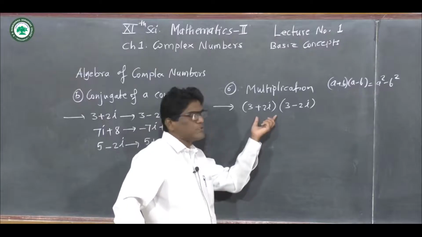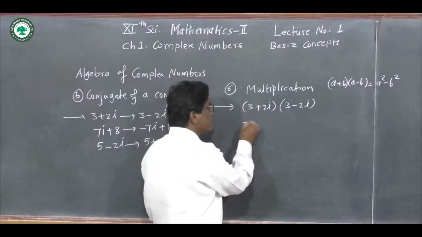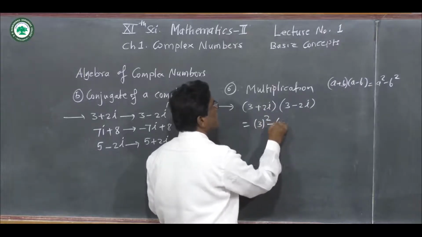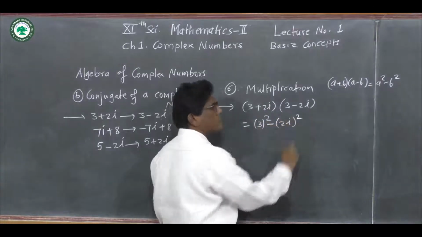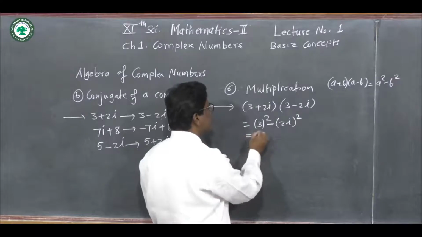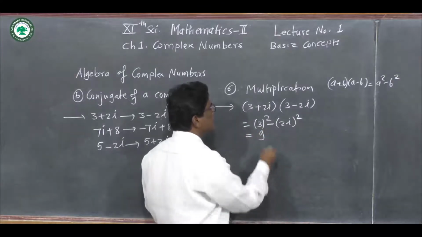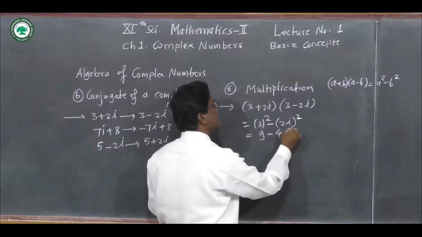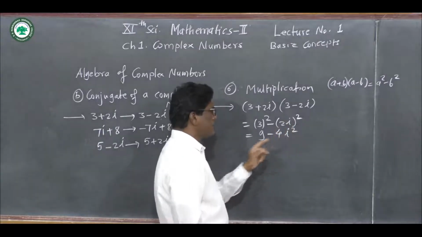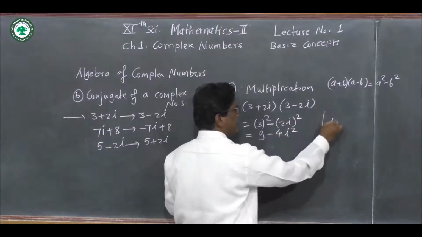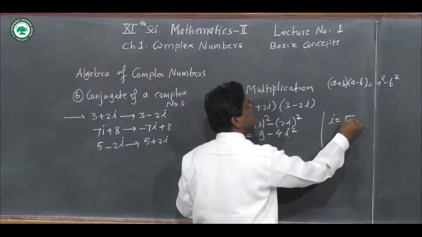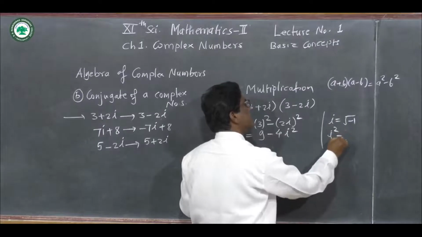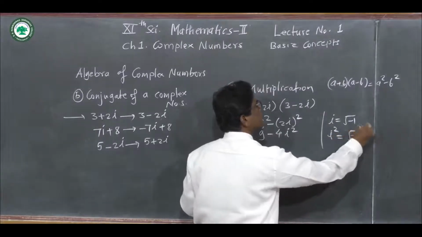So we directly use the formula. It is equal to 3 square minus b, where b is 2i, square. So it is equal to 3 square is 9 minus 2 square is 4 and i square. We know that i is the square root of minus 1, and therefore i square is equal to root of minus 1 squared.